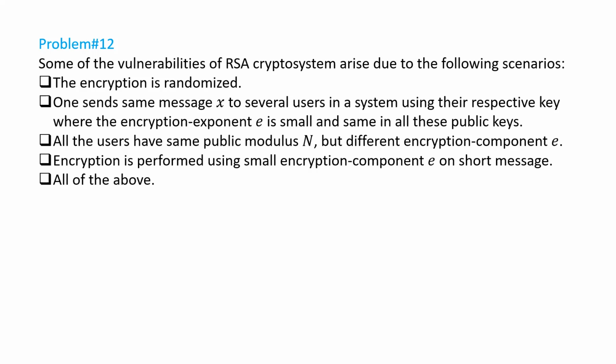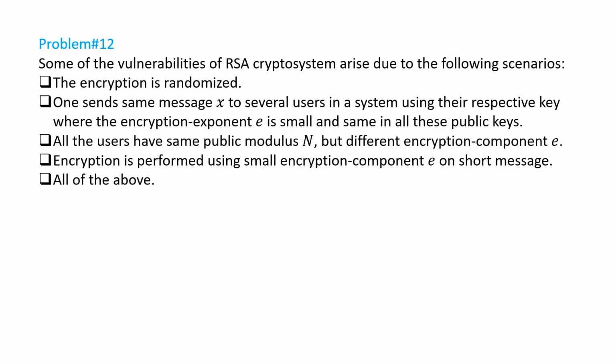Then also x to the power E1 mod n, x to the power E2 mod n, and x to the power E3 mod n, these values will be visible, and you can easily compute the corresponding secret key values, and your RSA crypto system is vulnerable to such an attack. So these details are discussed in the videos posted in the NPTEL website.